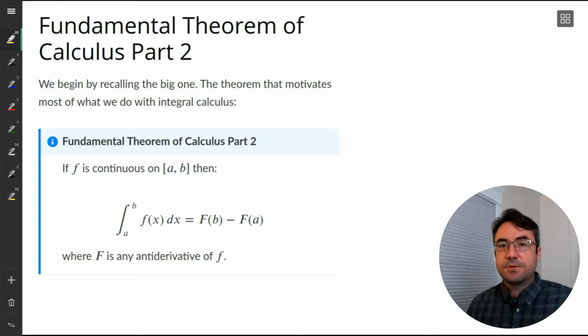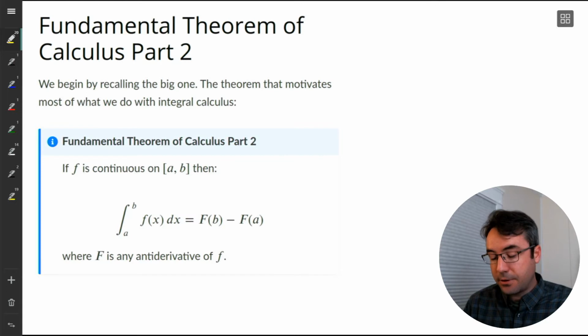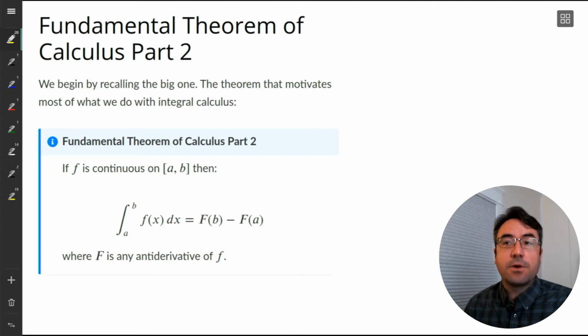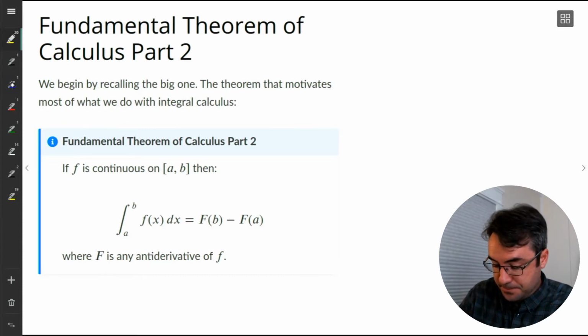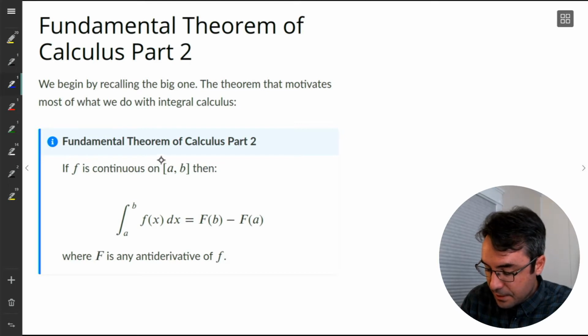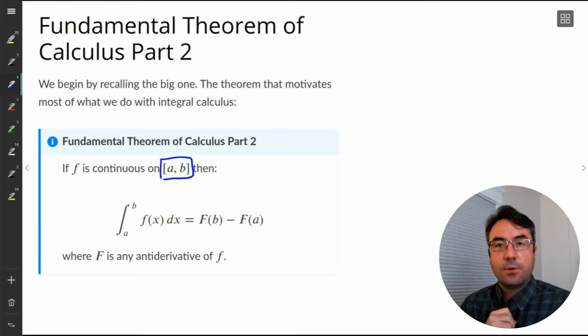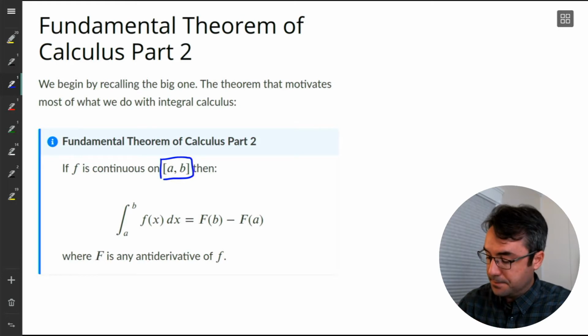So this is what we're used to. This is how we normally calculate a definite integral. Now, hidden in here, there's actually two conditions for this theorem to work. So the first condition we see right here. We're talking about a closed interval.